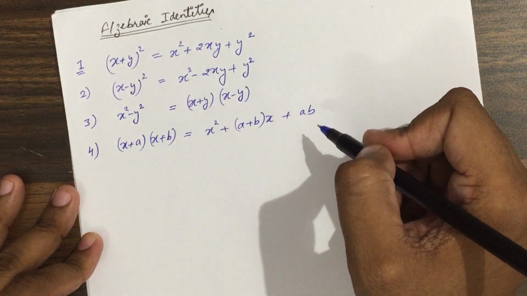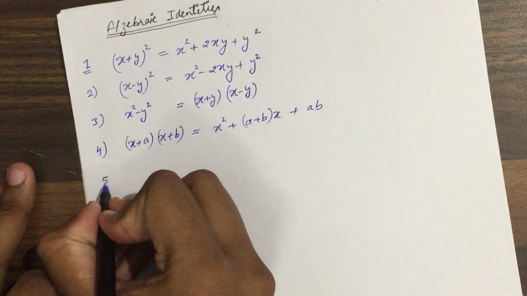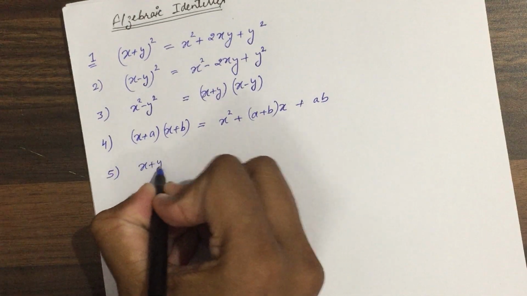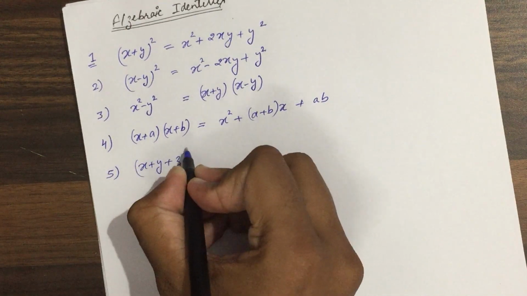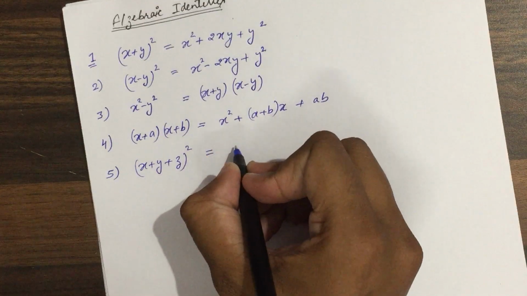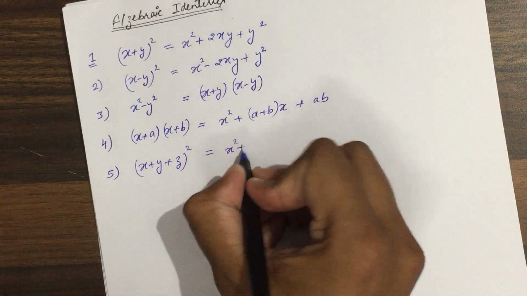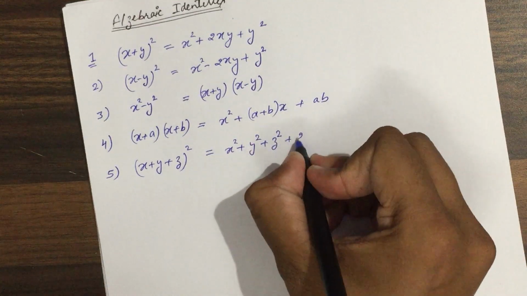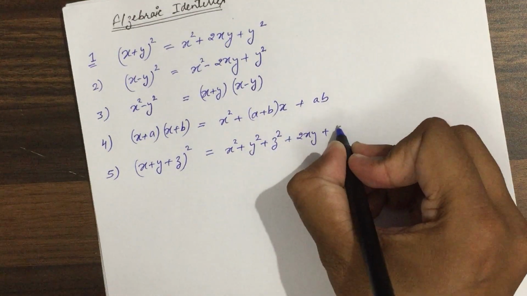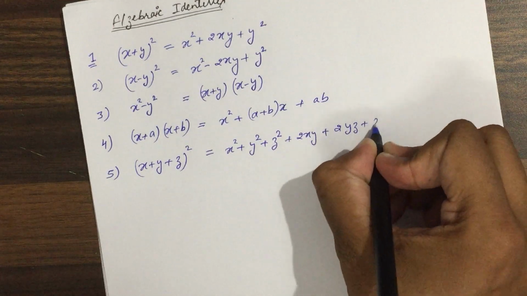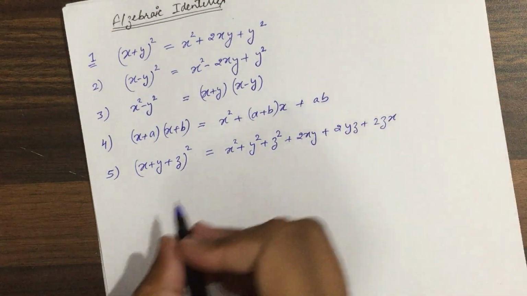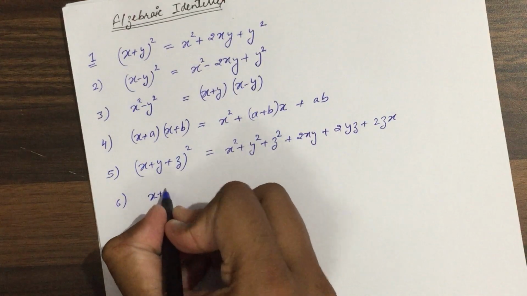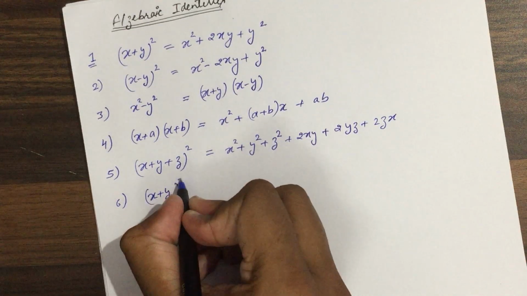Now the new identities are, first one, (x + y + z) whole square will give you x square plus y square plus z square plus 2xy plus 2yz plus 2zx. Okay, and the sixth one is (x + y) whole cube.